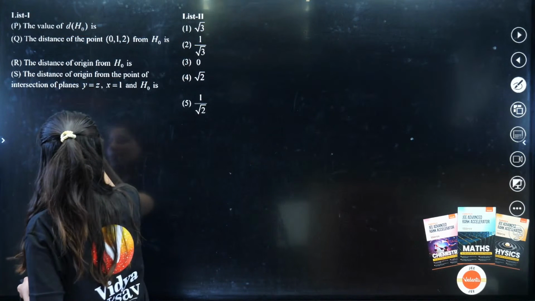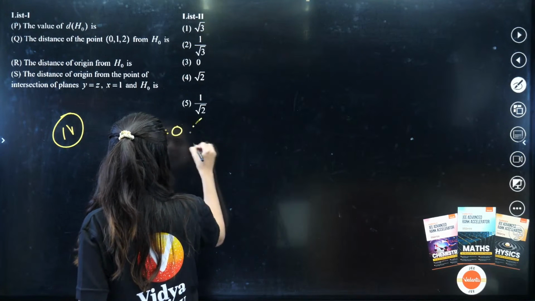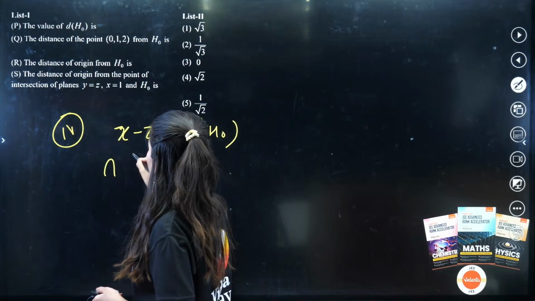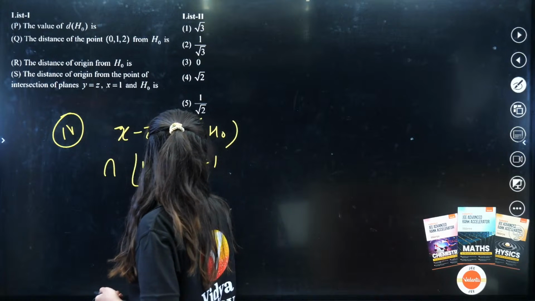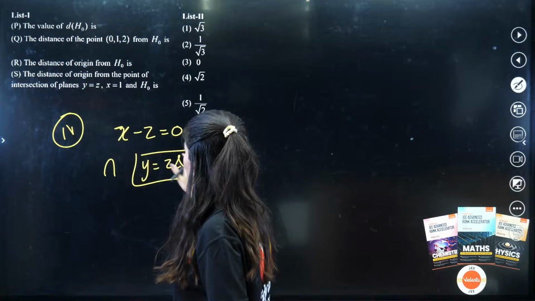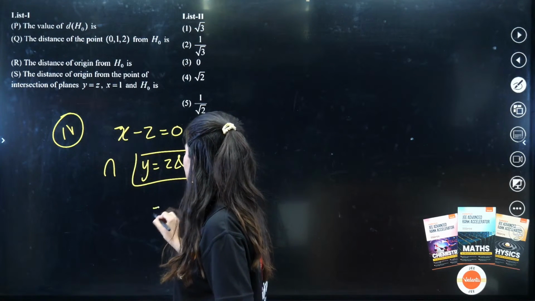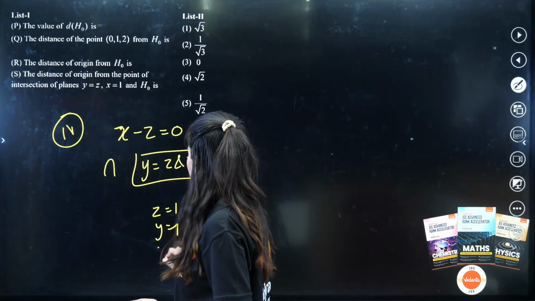You know that x minus z is equals to 0 is the equation of plane, and intersection of this with y is equals to z and x equals to 1. We need to solve these three things together. When x is equals to 1, if you put x equals to 1 in this plane, z is also 1. And if z is 1, y is also 1, and x is also 1.